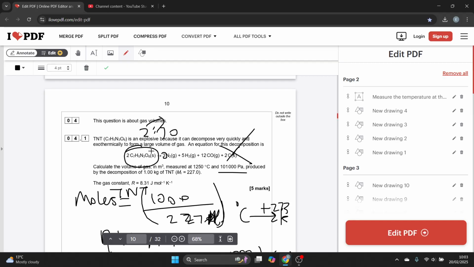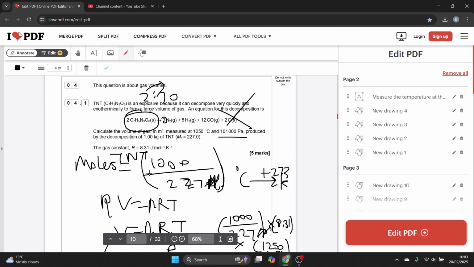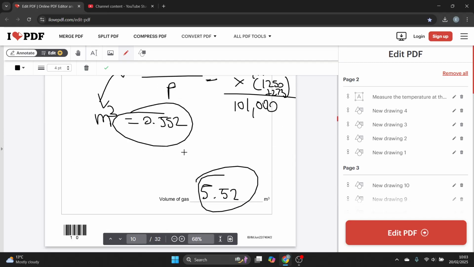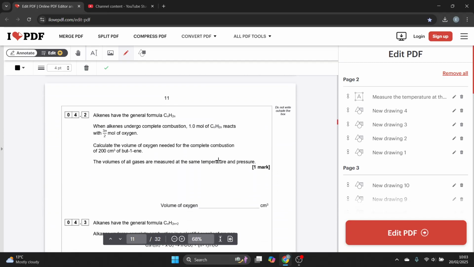That's how the mark scheme did it: the moles of TNT, then times by 10, find the moles of gas formed, then use V equals nRT divided by P. I found the volume first, then used the molar ratio to find the volume of gas produced. You still get the same answer, so it's fine.